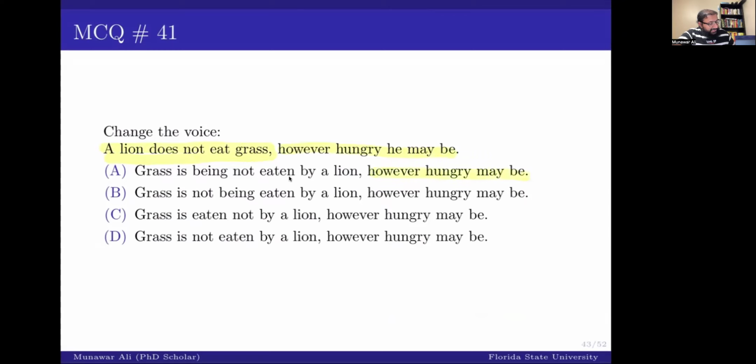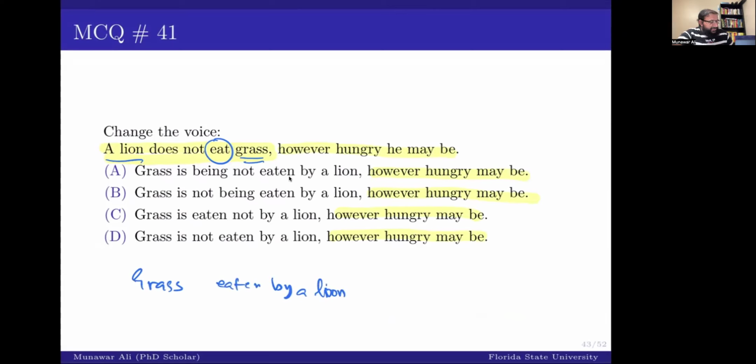So however hungry he may be is the same in all of these sentences. So we have to focus only on the first part of the sentence. So you know very well, the grass becomes the subject and the object becomes lion, and obviously you have to write by a lion, and you have to write the third form of eat, which is eaten.